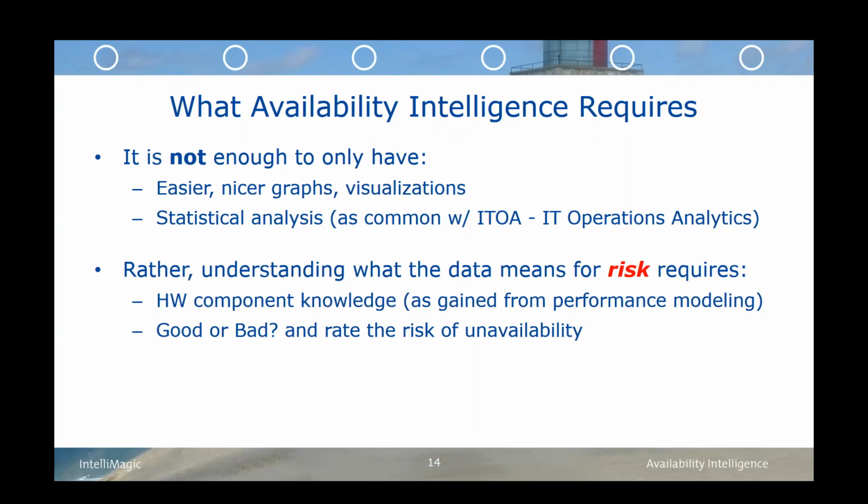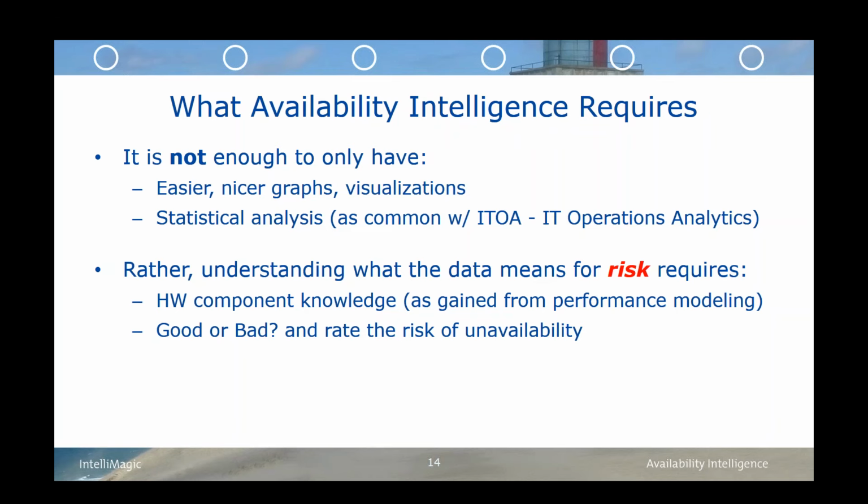Because you really need to know, is what you're looking at good or bad? It's a line chart, but in the context of your particular flavor of workloads on your particular hardware components that you're running on, is it good or bad? What's the risk of unacceptable delays being introduced into your workload response times if your workloads change and grow by 5% or 10%?